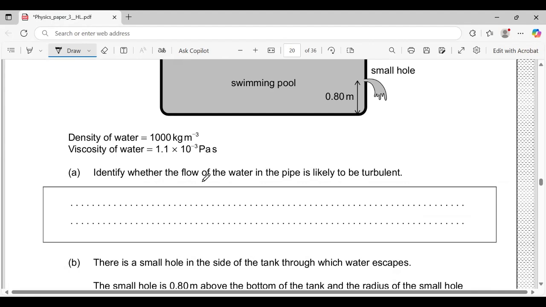Identify whether the flow of the water in the pipe is likely to be turbulent.